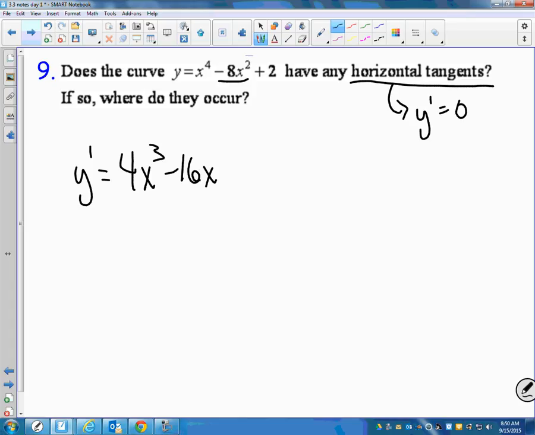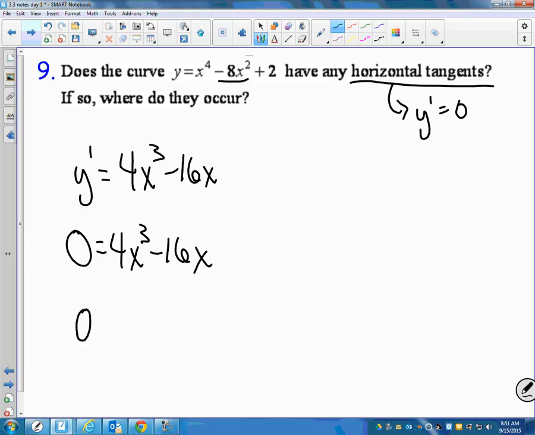Yes. If it said find the derivative at x equals something, now we plug the value in for x, we get the slope. But this one says, does it have any horizontal tangents? Which means we set this equal to 0. And we solve it. Add 16x.